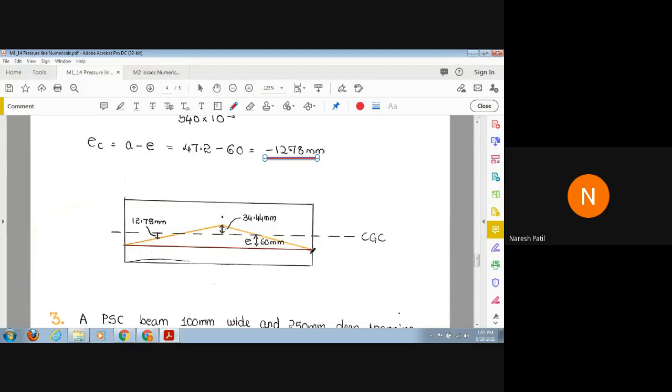Now we'll see who will answer this. In the first problem, the pressure line was parabolic, and here the pressure line is a triangular shape. Why? Can anyone answer? Why like this?